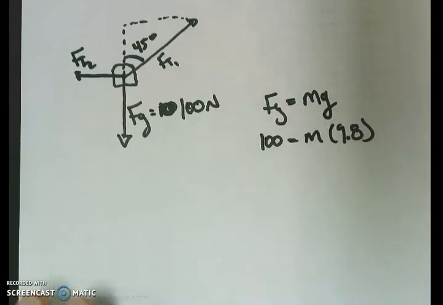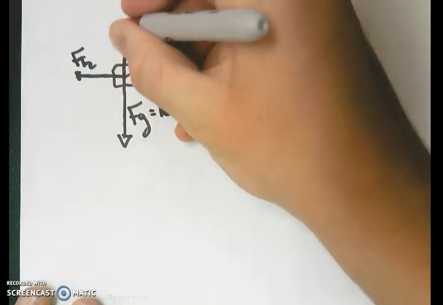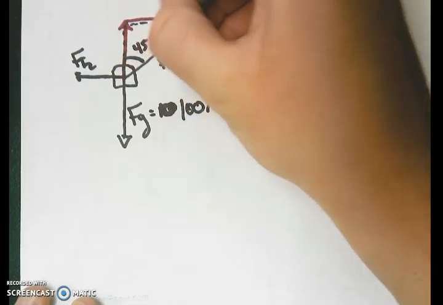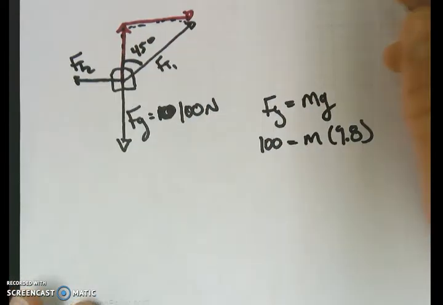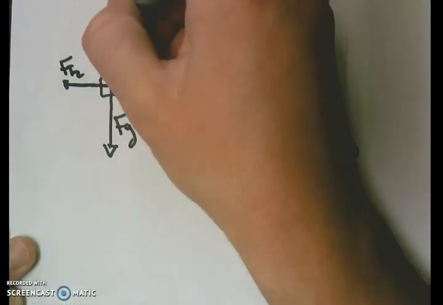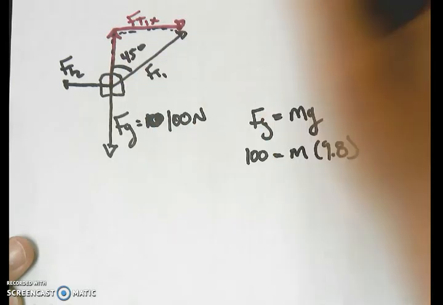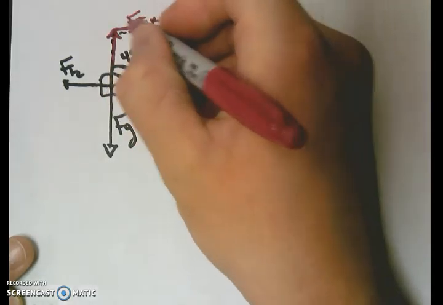Now, we also should know that anytime we have a force at an angle, we can break this force up into y and x components. And so this is going to require some trigonometry for us to do. So we'll call this Ft1x because that's the force of tension 1 in the x direction.